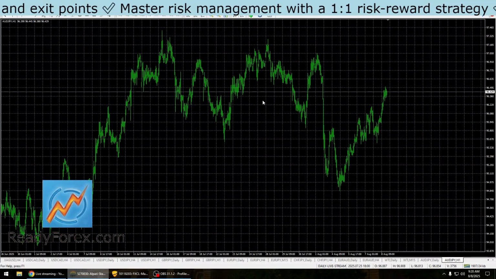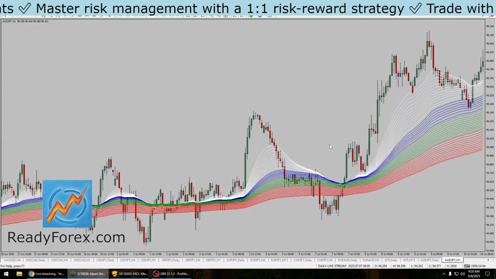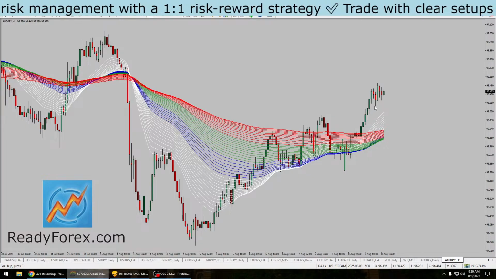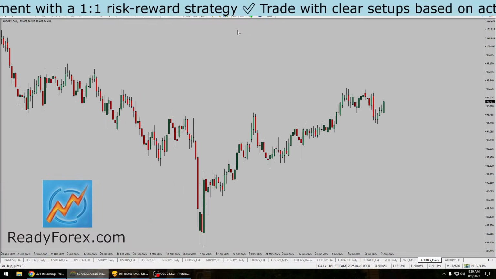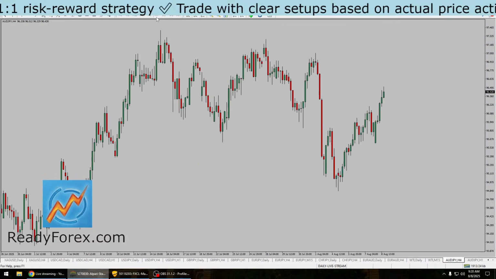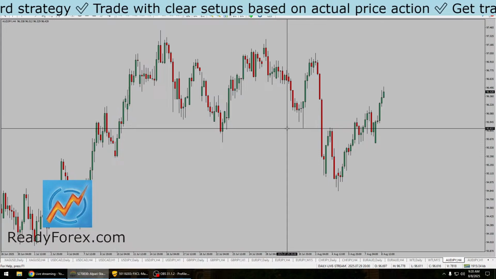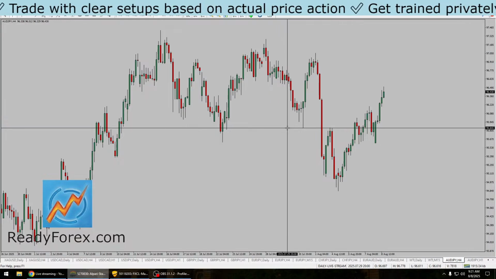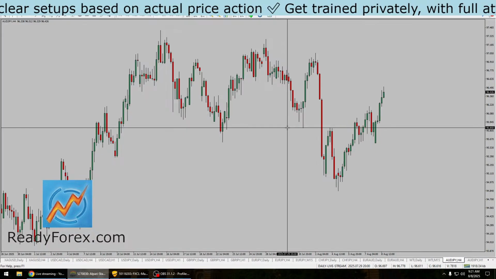Okay, let me add the rainbow and then go over to a smaller time frame. The 1 hour rainbow is actually turning around. Let's see 4 hour chart. Okay, here's a bullish breakout.